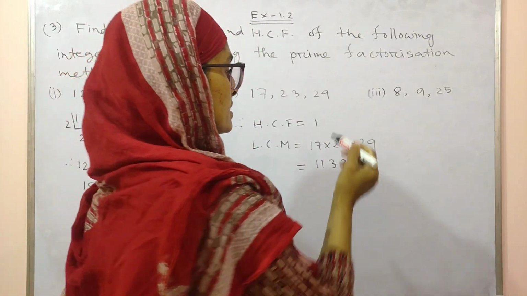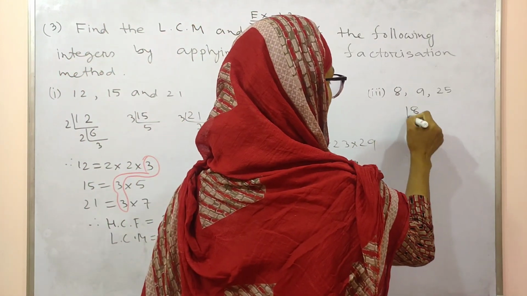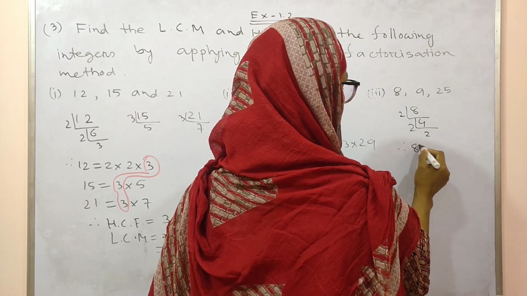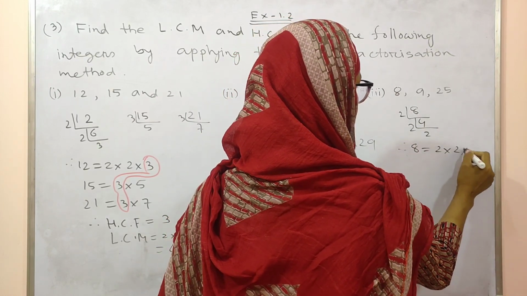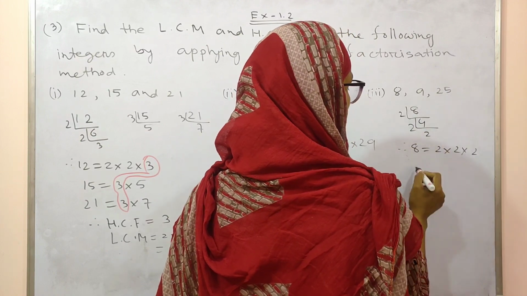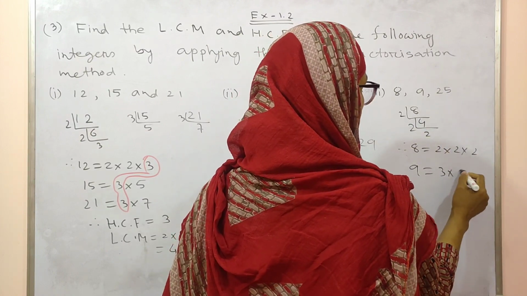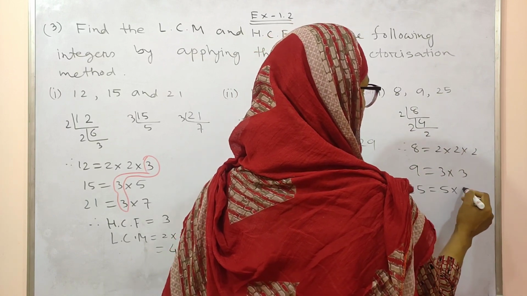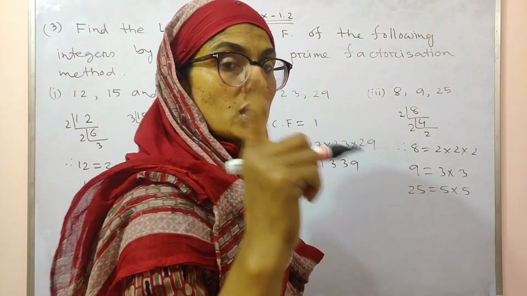Next number 3: 8, 9 and 25. 8 you can write 2 into 4, 2 into 2. Therefore you can write 8 equal to 2 into 2 into 2. Similarly 9 you can write 3 into 3. 25 you can write 5 into 5. There is no common element, that means only 1.